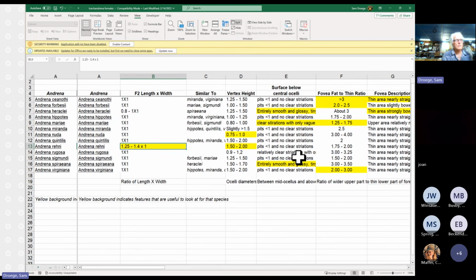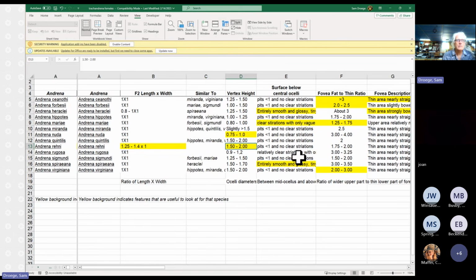Okay, so what is different about Rennie? So 1.25 to 1.4 by 1. So it has a very long F2. So that's the second flagellar segment. The others are basically all 1-to-1. So there's a gimme right there. Vertex height also very long. So 1.5 to 2.